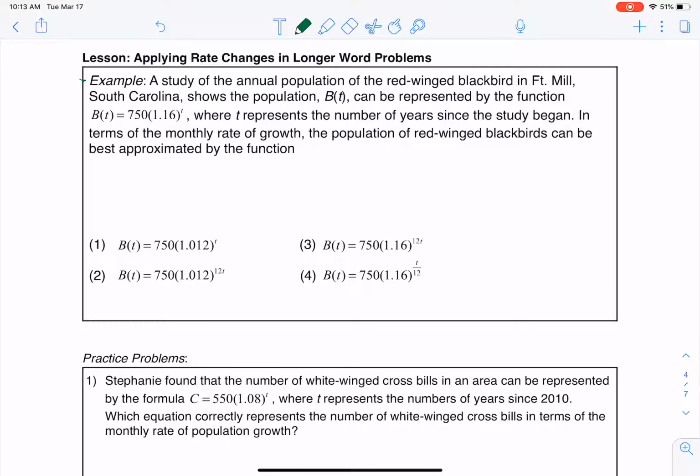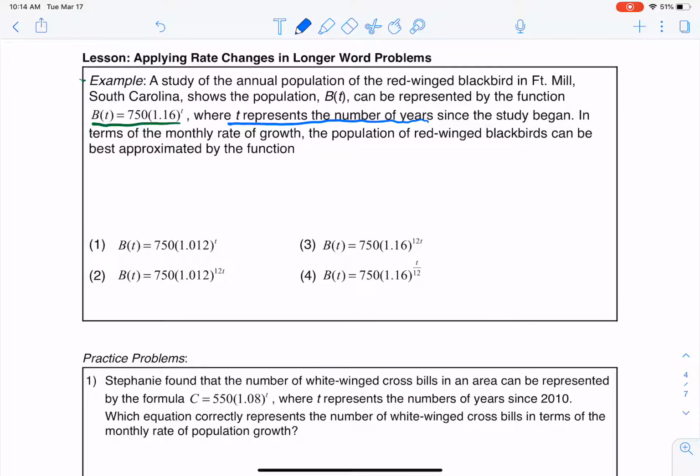A study of the annual population of the red-winged blackbird in Fort Mill, South Carolina, shows the population, b of t, can be represented by the function b of t equals 750 times 1.16 to the power of t, where t represents the number of years.